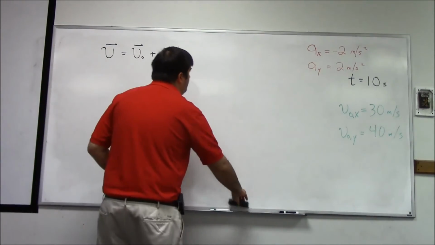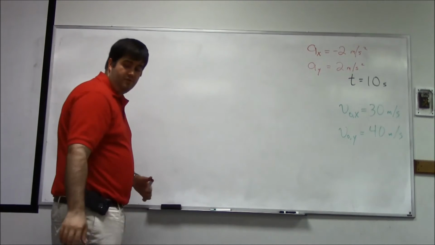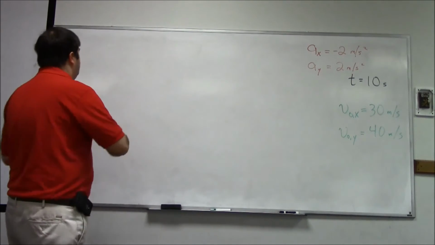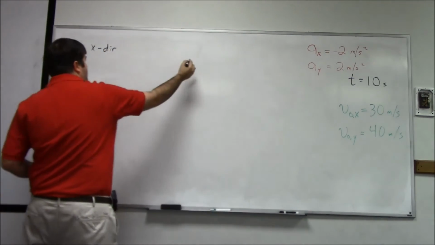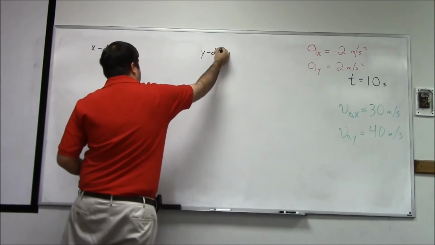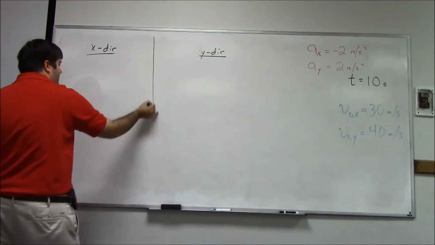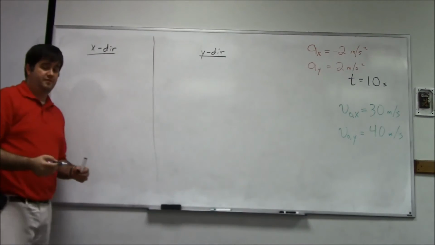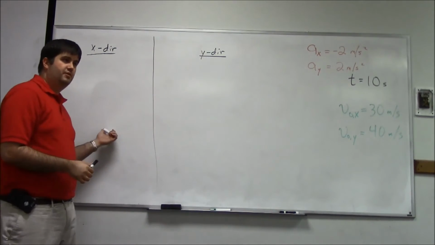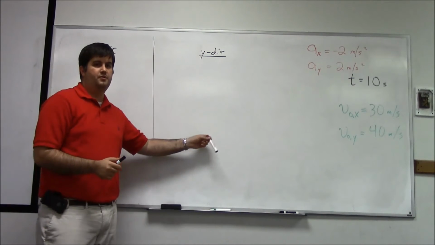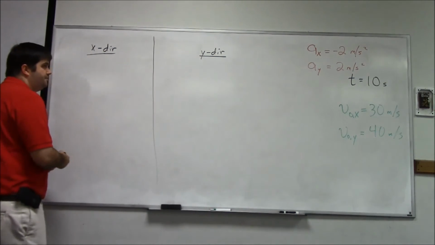And then, what I would do next is I would just break the whole problem down into an x direction part and a y direction part. Because we already saw, both in that last example and just in general working with vectors, that you can really just combine all the x components and then separately combine all the y components, and then if you want the total, you just kind of add them together at the end.